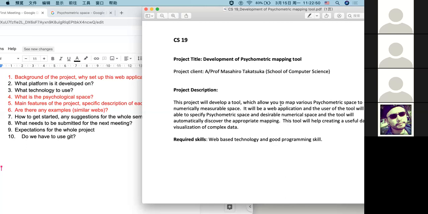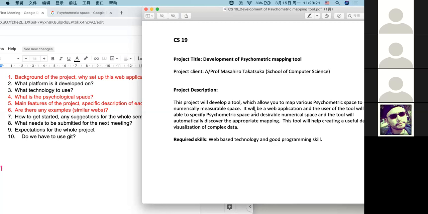In the unit of study example, the mapping is already given. Strongly disagree is usually 1, and strongly agree is 5, so you rank between 1 and 5. Those five measurements are already mapped to a numerical space of 1, 2, 3, 4, 5.